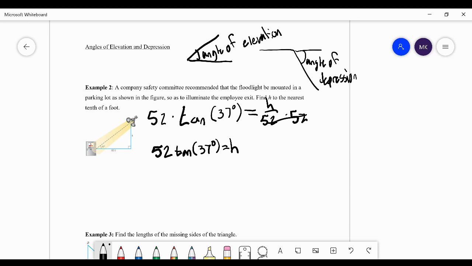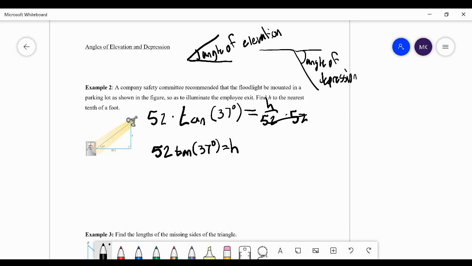So if you type tan 37, you should get 0.753554 and then a couple more numbers, okay? If you're not getting that, you're not in the right mode, so go back into mode and make sure that you are in degrees. If you are for sure in degree mode, and you're still not getting this, send me a message. We can hop online and figure this out.